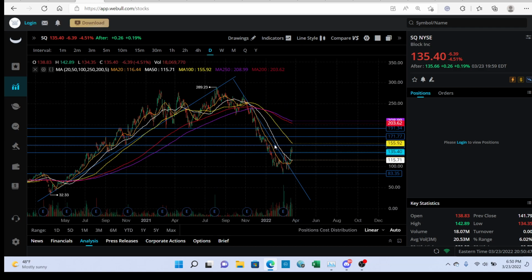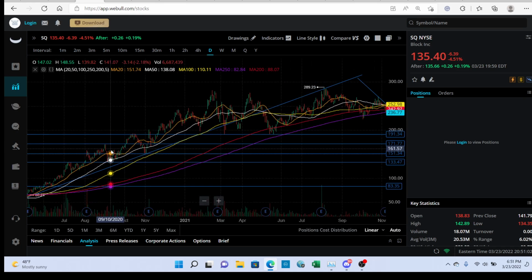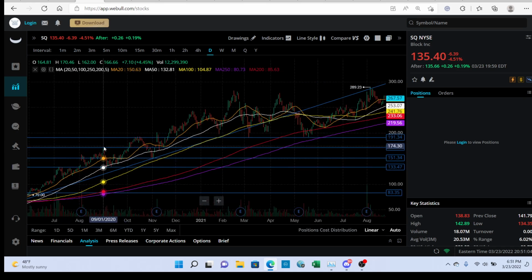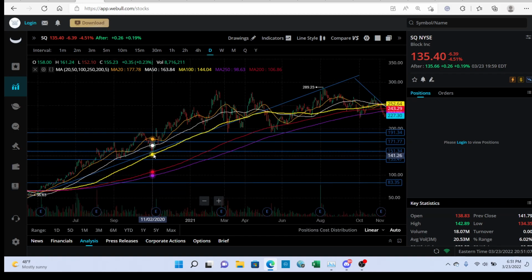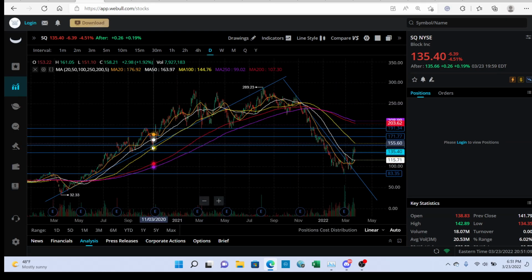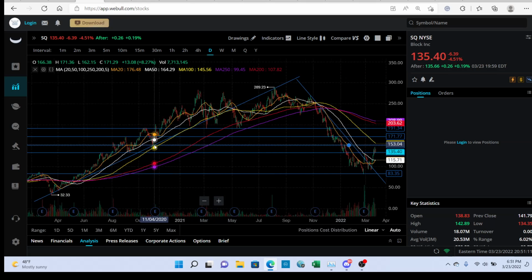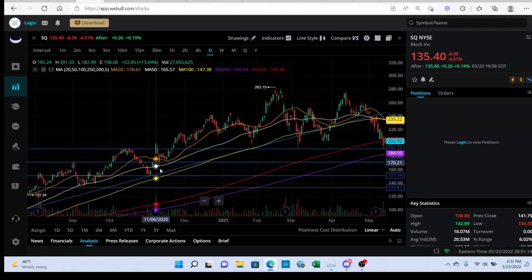If we get above this resistance here at around 150.50, and we break above the 100-day, I do think we could be making it to this 170 area. You can see right here that this was a resistance point, and this right here, where we're currently actually going to hit, is a prior support.